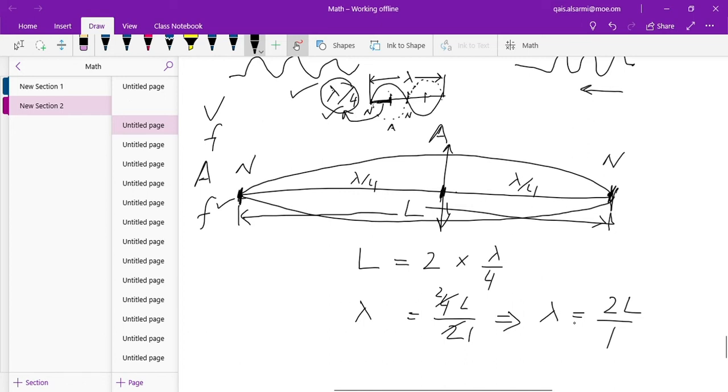Since this is the fundamental mode of vibration of a standing wave, I can also call it the first mode of vibration, so better to write 1 as a subscript with lambda. I'm going to make a box because this is an important equation.